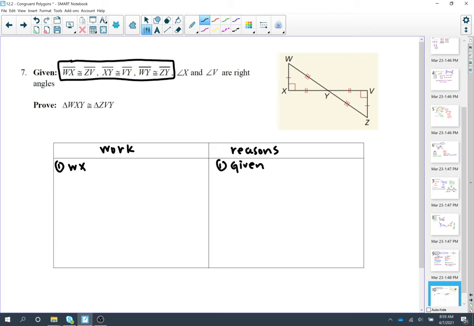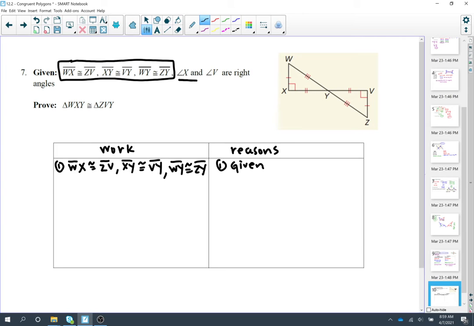So WX is congruent to ZV, XY is congruent to VY, and WY is congruent to ZY. So half of your proof is done. We already know that all the sides are congruent. Now we have to move on and start looking at the angles.